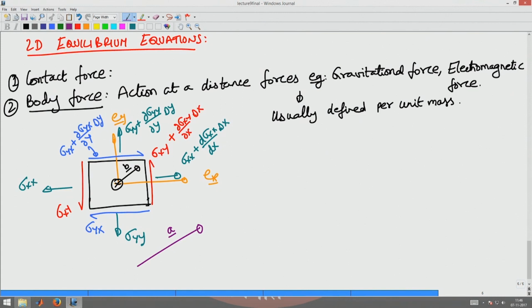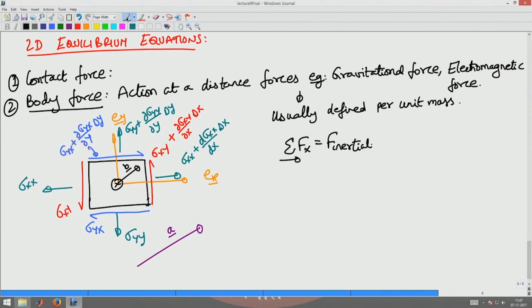Now for this cube to be in equilibrium, I require the sum of all the forces to be 0. Let us say I am interested first in the sum of forces along the x direction. Then the forces that are acting in the x direction are sigma xx and sigma yx.